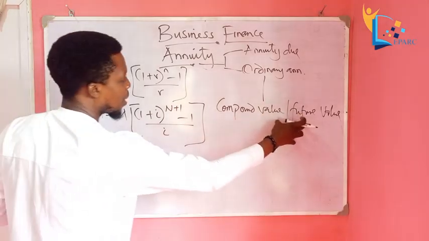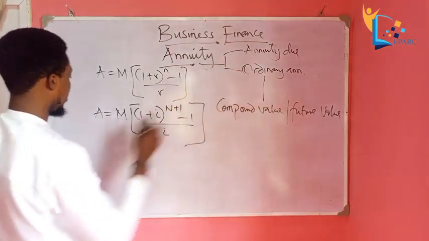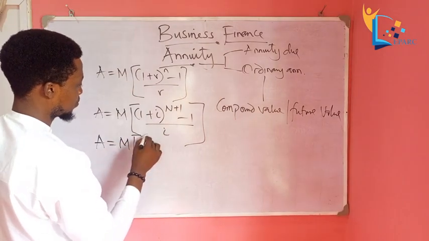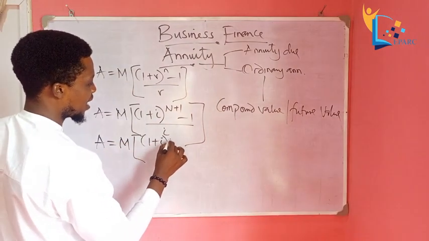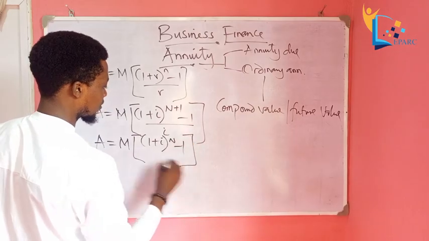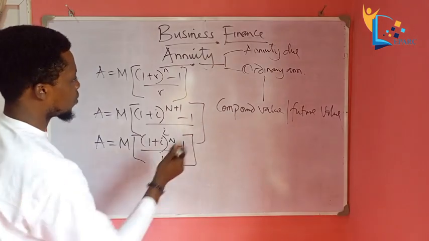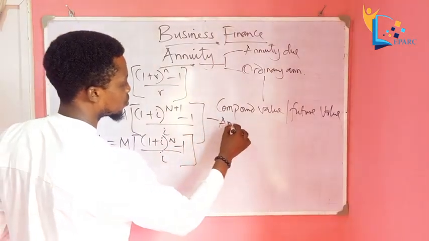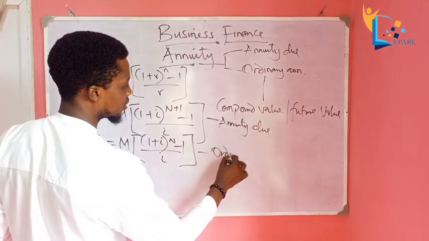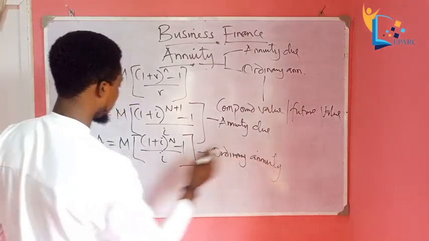Now, under compound value, or future value, for ordinary annuity, A equals M open brackets 1 plus I to the power N, minus 1 close brackets all over I. This one is for annuity due, and this one is for ordinary annuity.